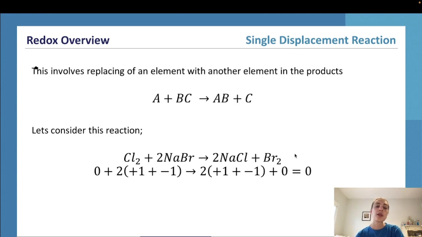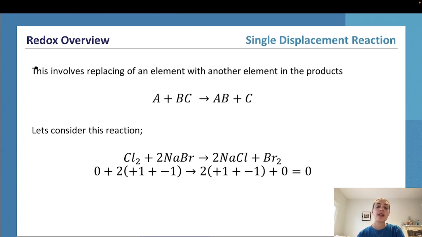The next reaction we're going to look at is a single displacement reaction. So a single displacement reaction involves the replacement of one element with another element within those products.